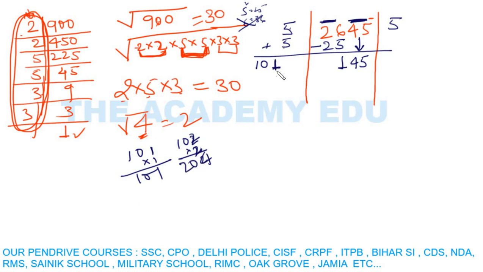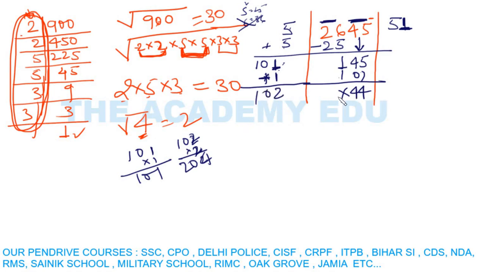So I will take a 1 here and multiply with the same number, and write the result here. So I took 1, so I write 1 here. Okay, so I will get 101. Then we add it and write like this, 102.